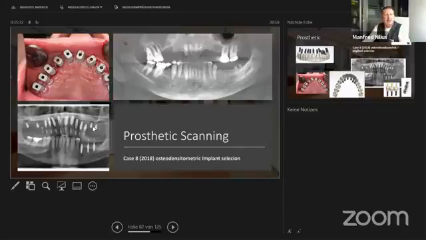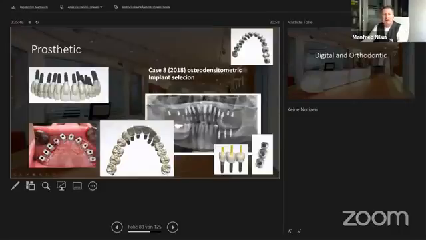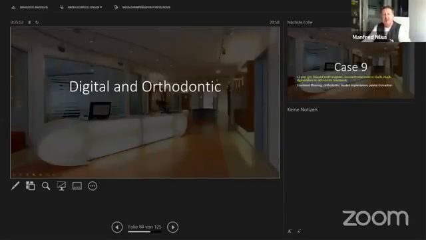After inserting, we inserted 2 more implants in the left and right lateral upper region after augmentation, and then we made the scanning, and the final restoration is what you can see here on, I think, 10 implants.